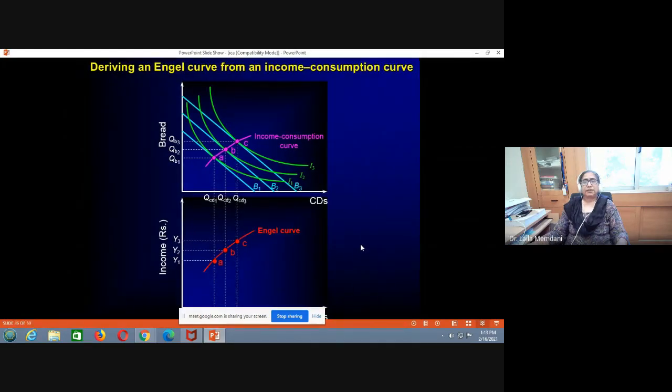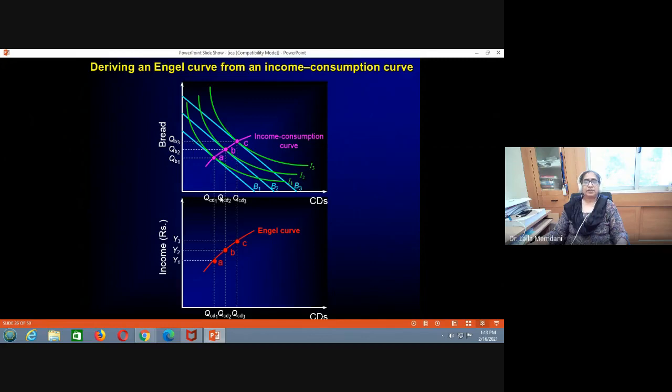Now I have the points A, B, and C over here. But in the top panel of the diagram, I do not have the income levels.